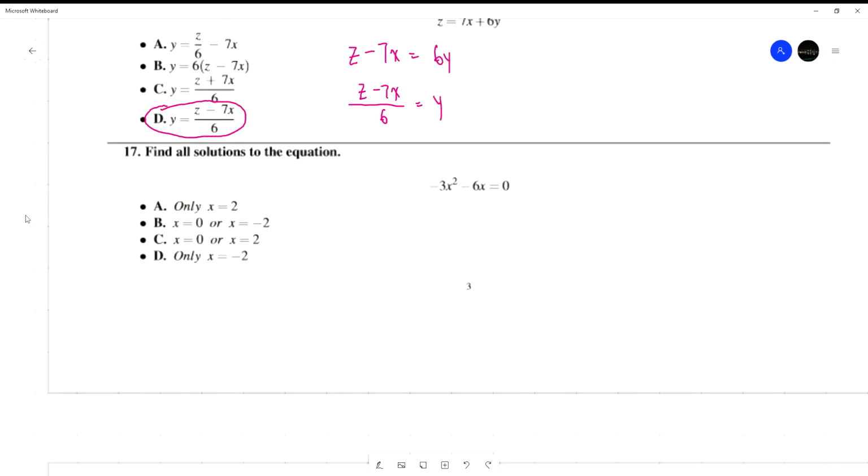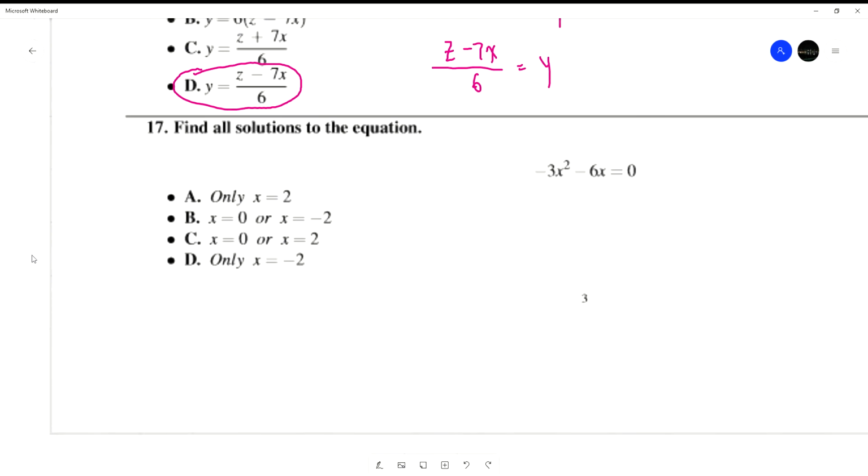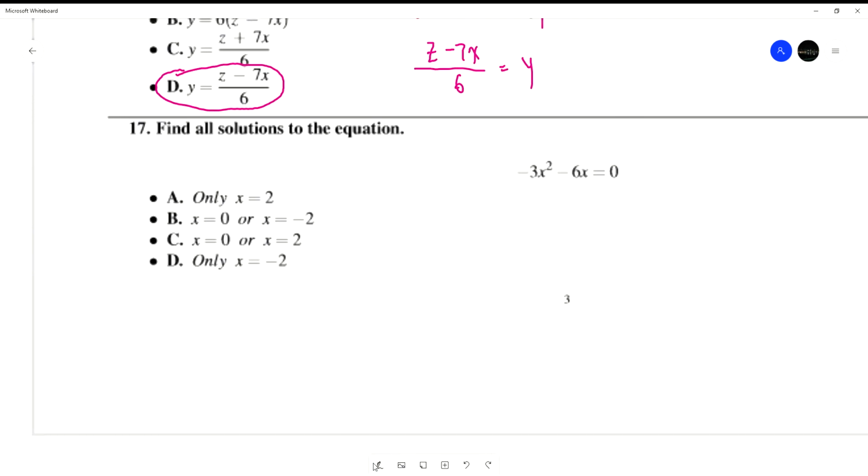Number 17 is our polysolver one that you can do on the calculator, right? If you don't know how to do it, it is useful to at least double check your answers, right? But it's a factoring problem, ultimately. So what I'll do is I look for a GCF first, and I see the leading coefficient is negative.